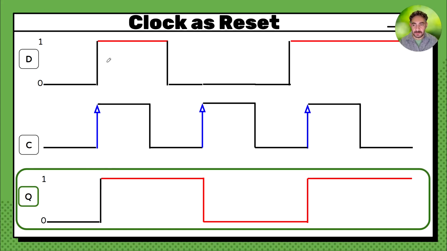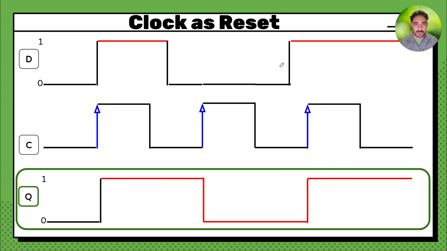Then we can see that D changes to 0, but because this has happened before the rising edge, Q doesn't change yet until it reaches the rising edge of the clock, and at that point Q is changed to 0.